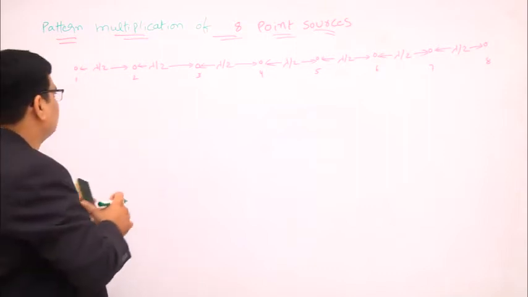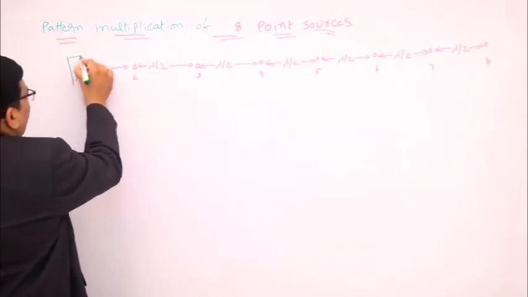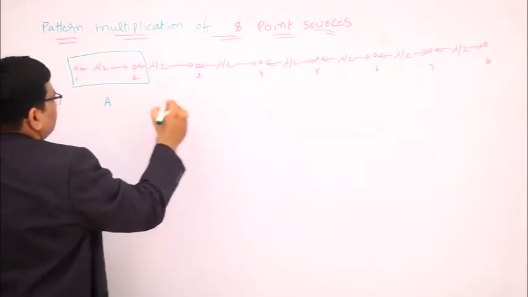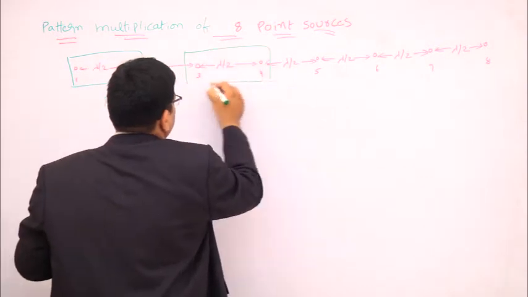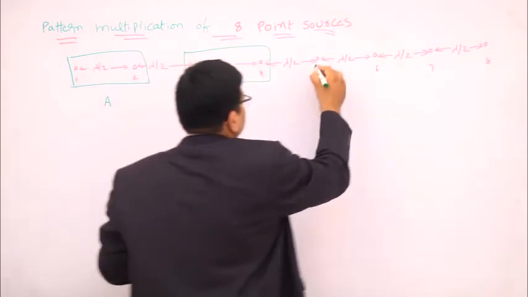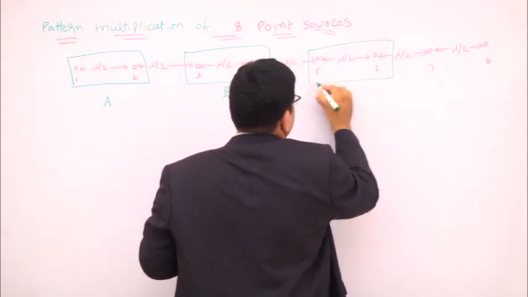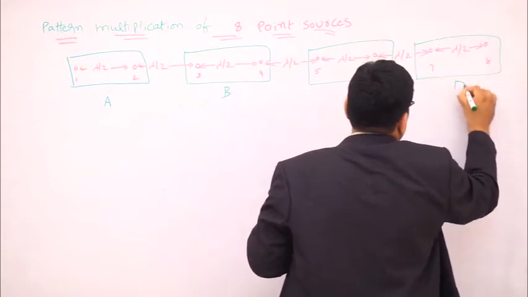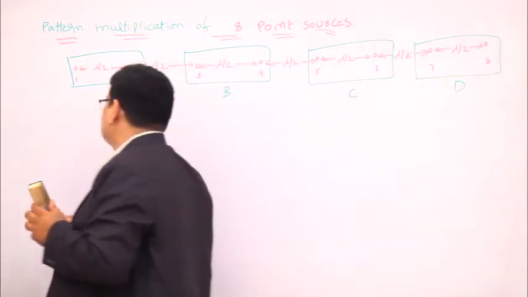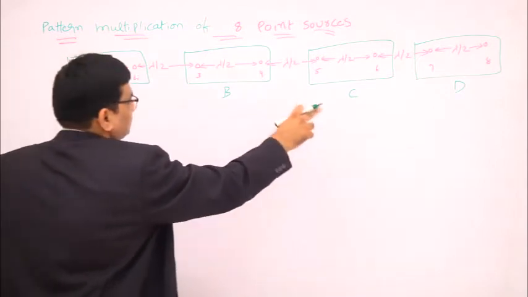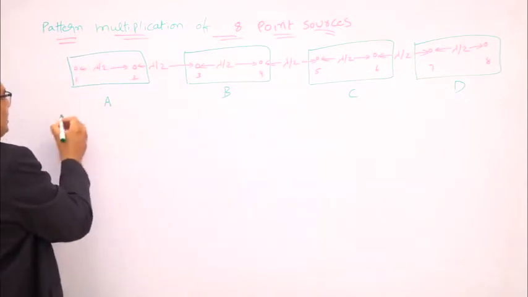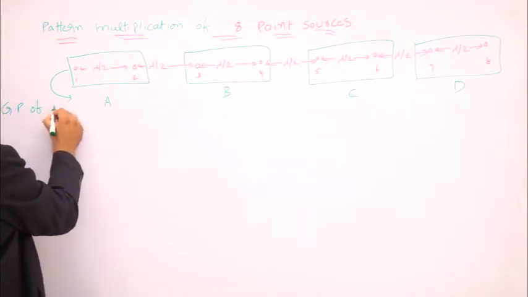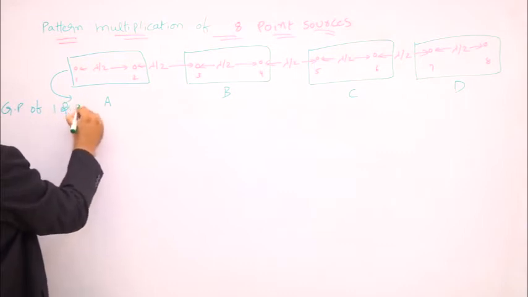grouping the elements. Two elements we take as one group. We take this as A, and this as B. This we can take as C, and this we can take as D. So two elements are taken as A, B, C, D, where A is the group pattern of 1 and 2.